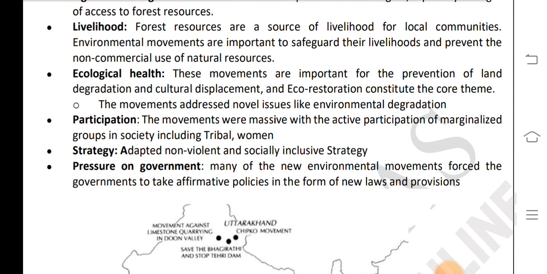Ecological health. Thus, movements are important for the prevention of land degradation, cultural displacement and eco restoration, which constitute the core themes.